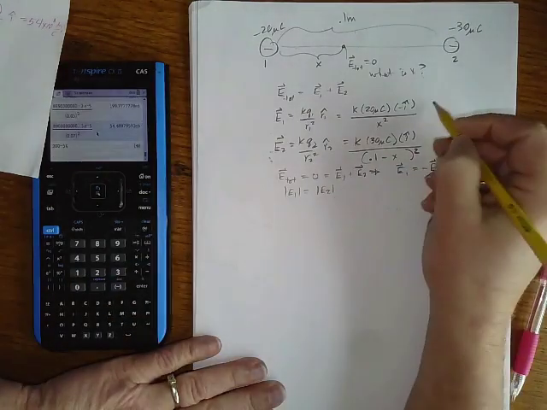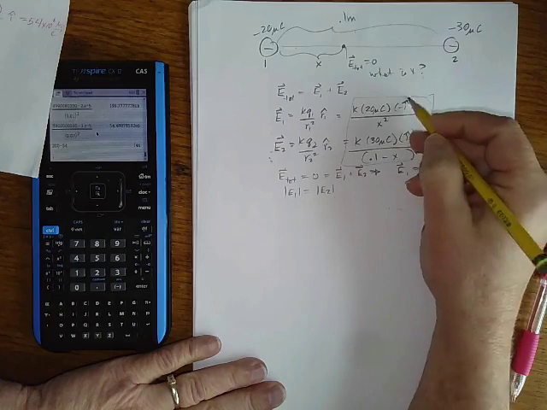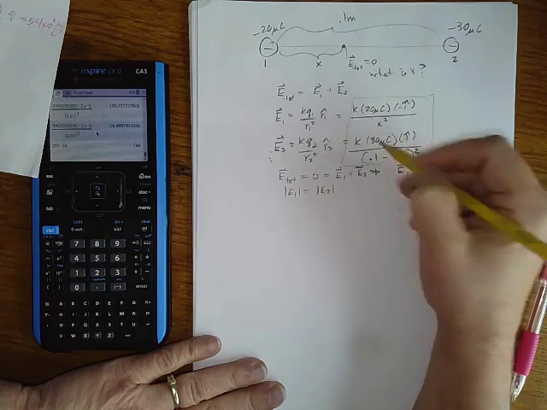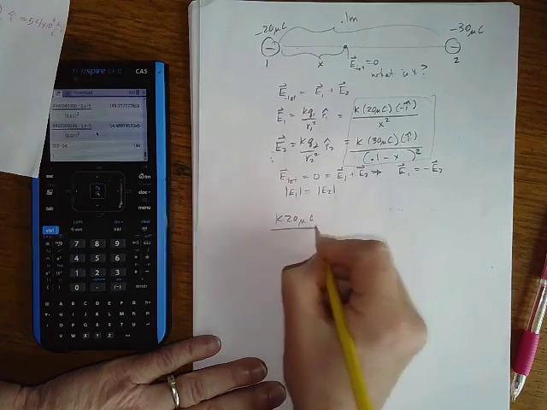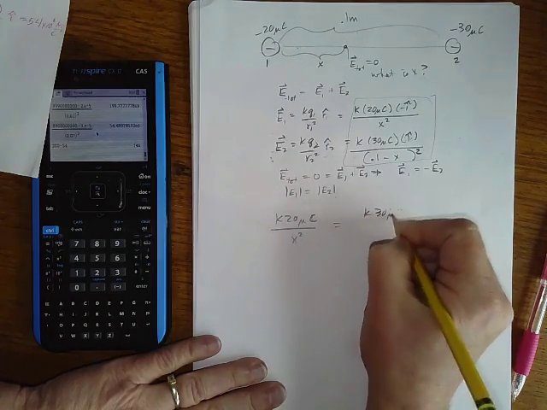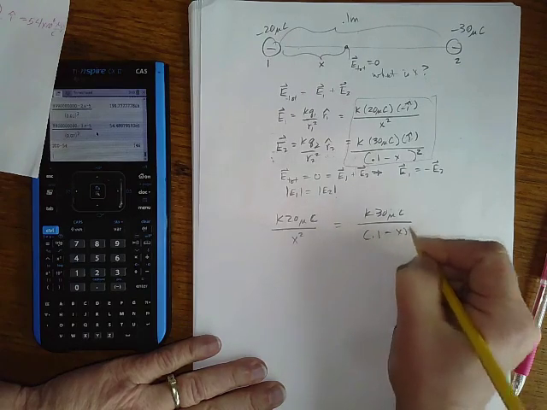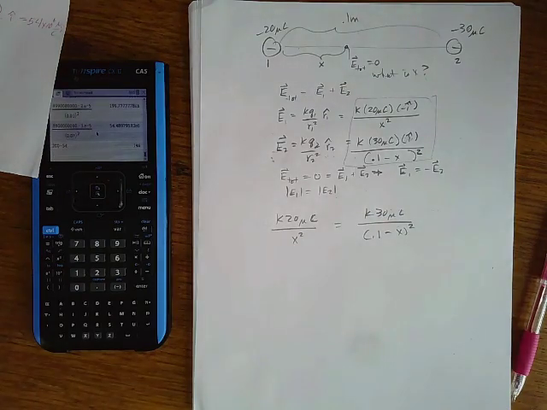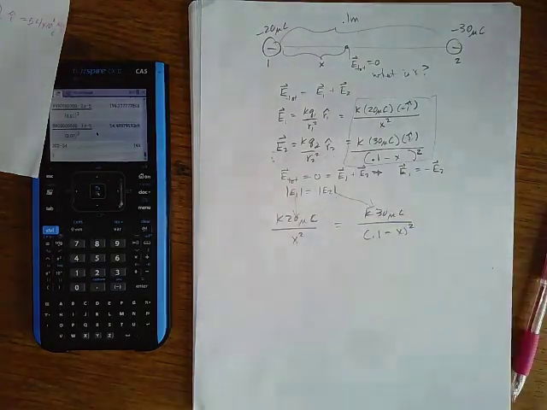Alright, so looking at these two numbers that we've found, E1 and E2, we kind of forget the unit vectors. We just say that K 20 microcoulombs over x squared has to be equal to K 30 microcoulombs over its R, which is 0.1 minus x squared.